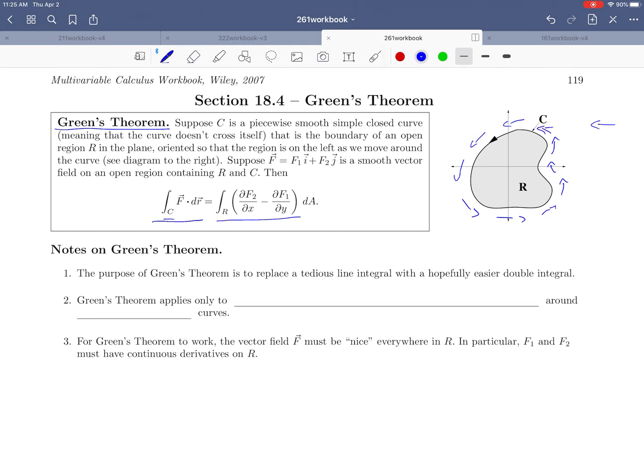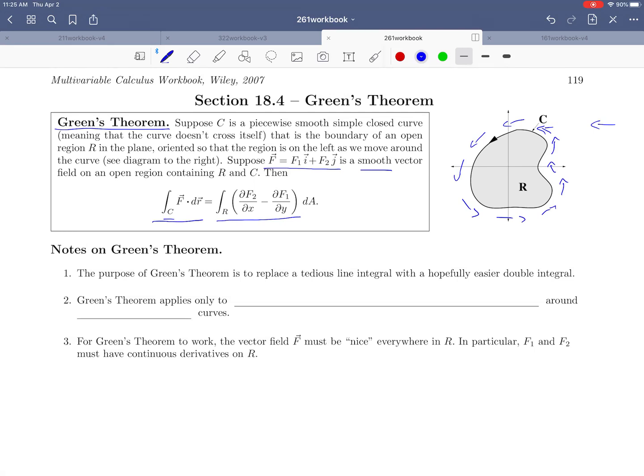Then the second condition talks about what has to be true about the vector field. The vector field is described as smooth. And smooth just means that you can take the partial derivatives and those partial derivatives are continuous. So they behave nicely. There are no zeros in denominators. There are no points where our partial derivatives are undefined or discontinuous.